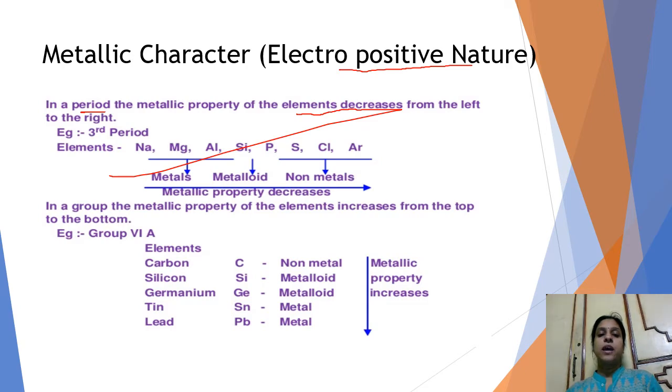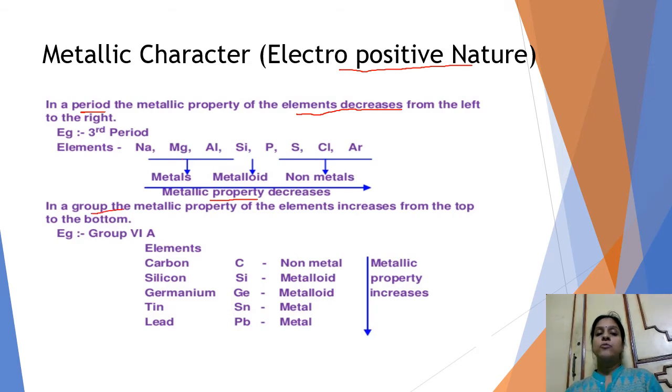Here we can say that from sodium, then magnesium, third period है बेटा ये आपका. So third period के elements हैं sodium, magnesium, aluminium, silicon, phosphorus, sulfur, chlorine, argon. So as you can see, the metallic property goes on decreasing from left to right across a period.